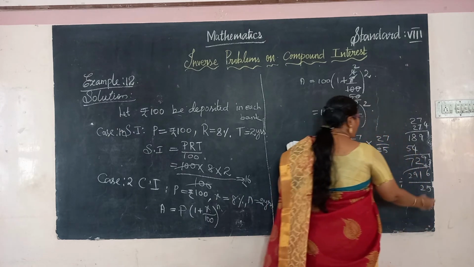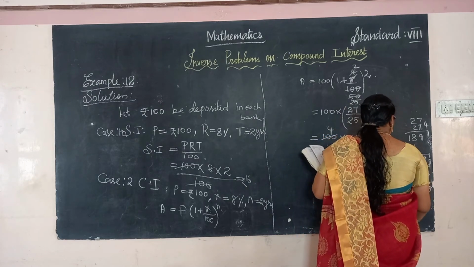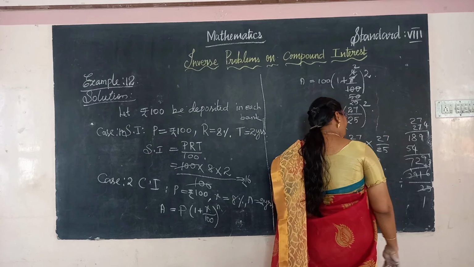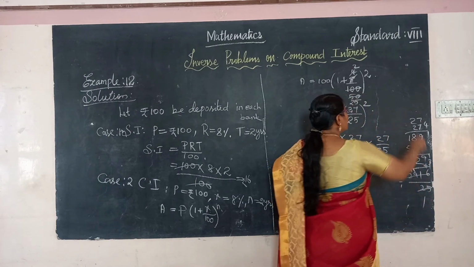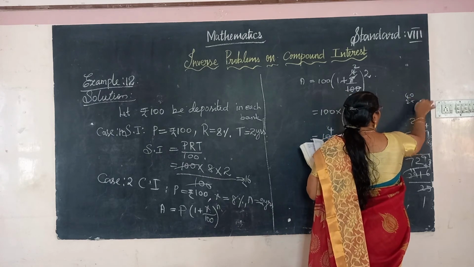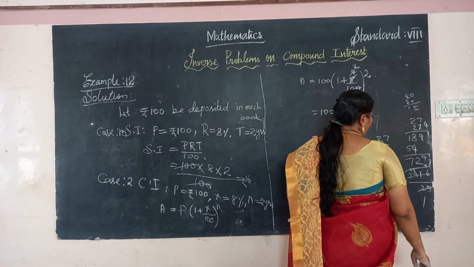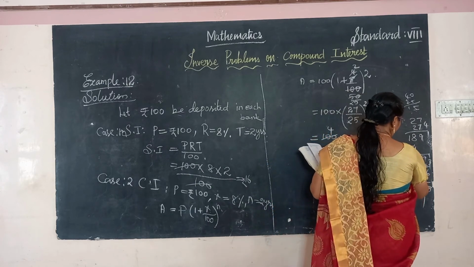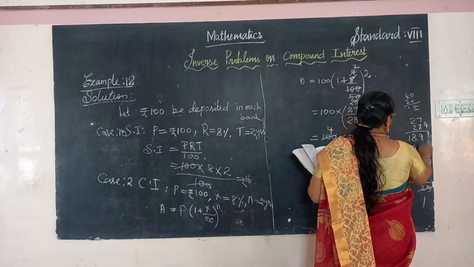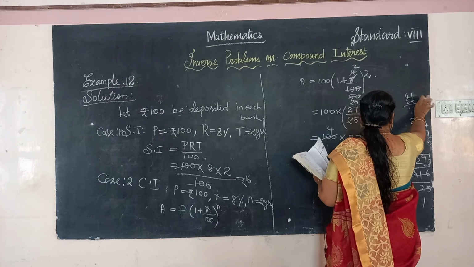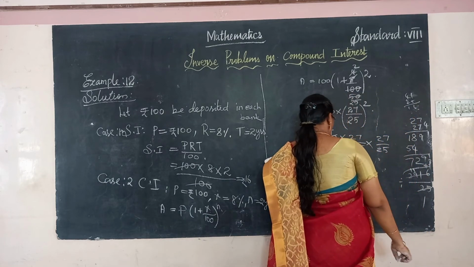Divided. Okay, so how many times is possible? 1 time. 25 ones are 25. Remaining 40. So again 1 time. Remaining 15, and we get 41, then 166.